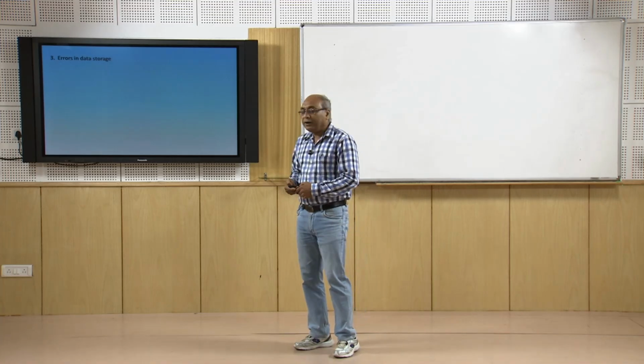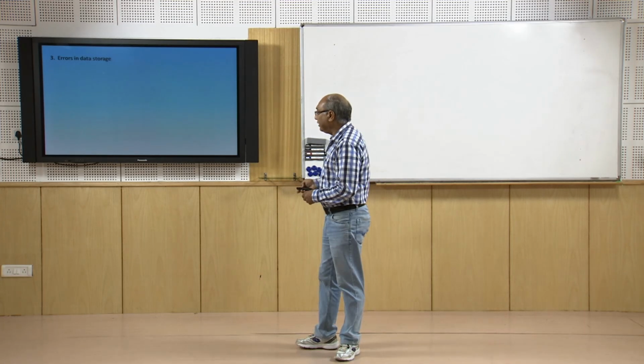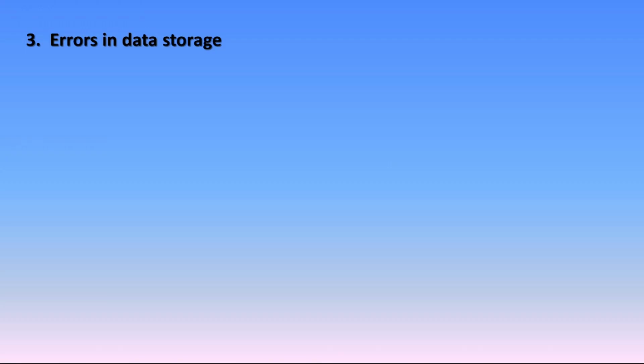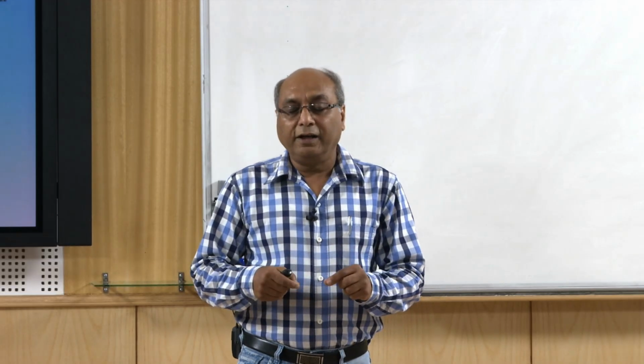The third type of error, which can also occur, is errors in data storage due to limited precision. This is one of the mistakes which people generally commit when they are bringing in attribute data spatially. You have to declare the properties of your field in your database, and that property determines how much precision the data will have, say 2 places after decimal or 4 places after decimal.